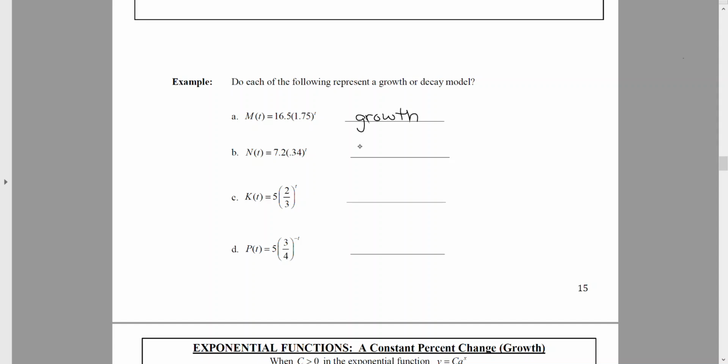And so we're now looking at a decay model. Our value of a is less than 1. So for the next one, our initial value of 5, our a value is 2/3 to the t, 2/3 being a number between 0 and 1. So once again, this is a decay model.